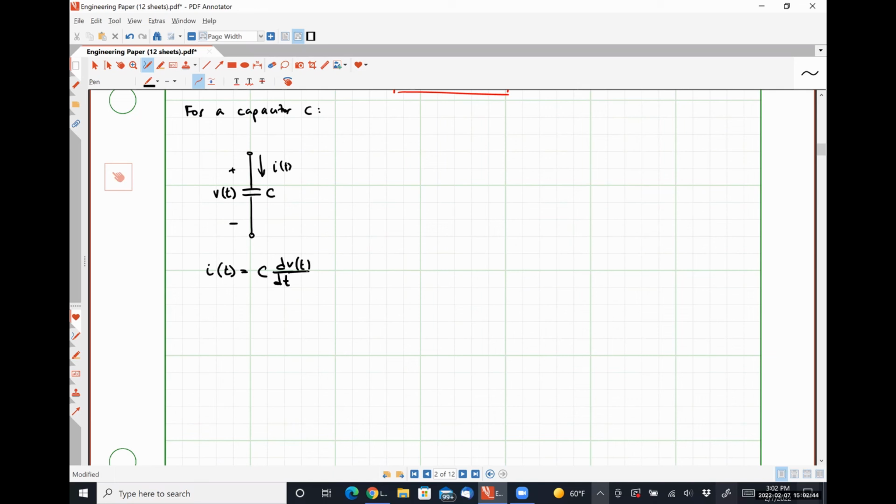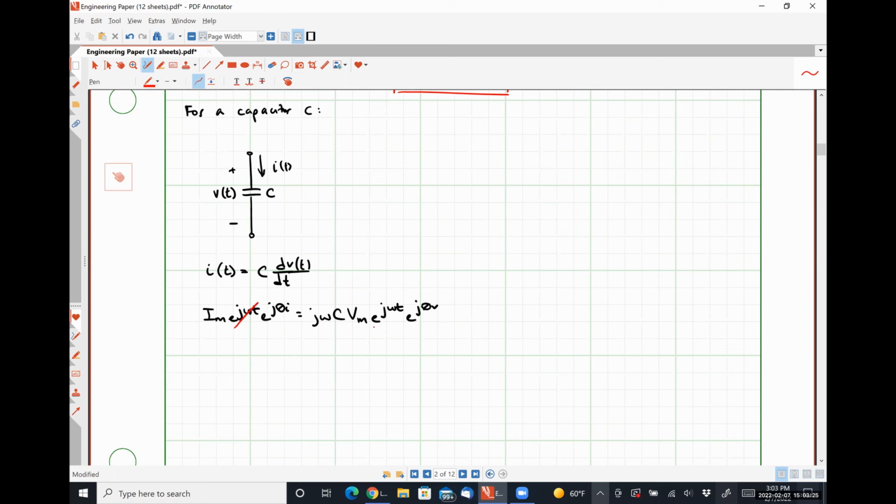So if we substitute in our relationship here, and now that we know effectively what taking the derivative of this exponential representation looks like, what we're going to have is Im e to the j omega t e to the j theta I is equal to j omega C Vm e to the j omega t e to the j theta v.